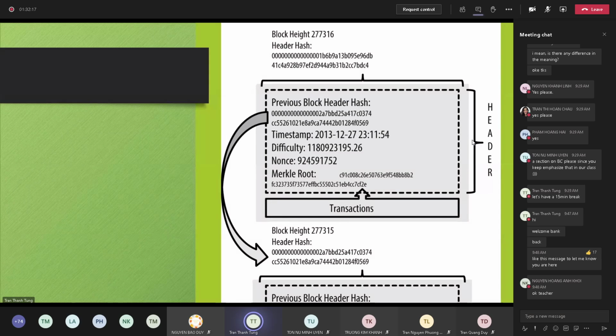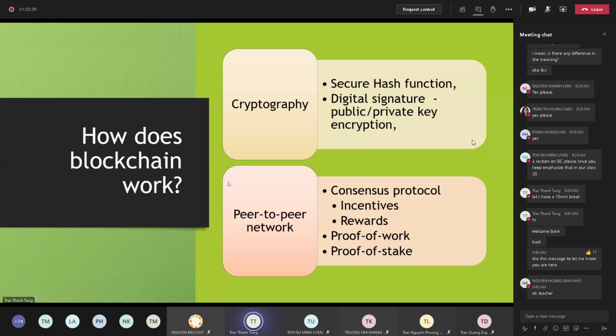In blockchains, they use some digital encryption. They have the link from one block to another. The way they do it is they use some function they call the hash function.